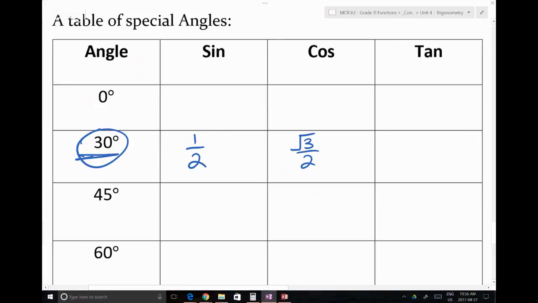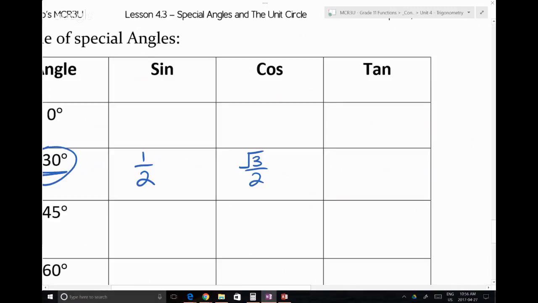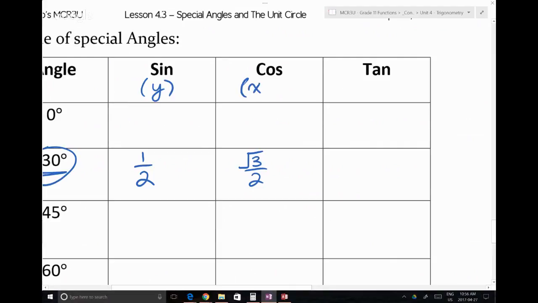How would you find the tangent? Well, remember that sine is y, cos is always just x, and then the tangent is just y over x. Or if you prefer to think of it this way, it's just whatever you got for the sine divided by whatever you got for the cosine. Okay, we can do that.